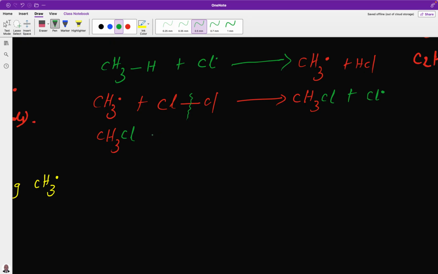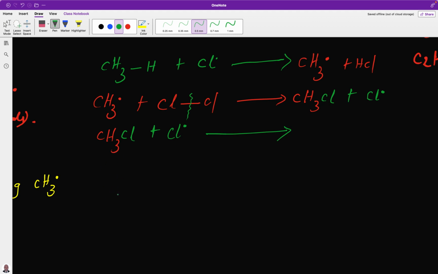The free radical is now reacting with this one. When the free radical reacts here, what happens? I said there's continuous homolytic fission. Let me just explain it here for you to understand.